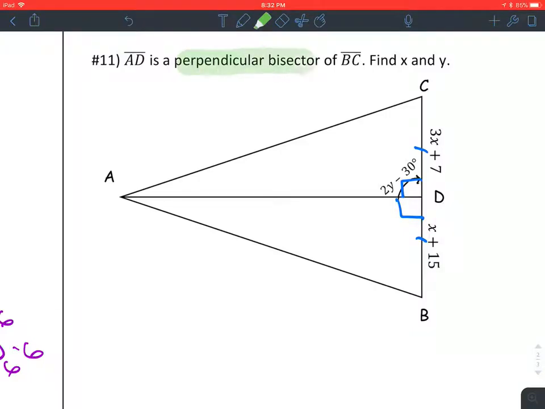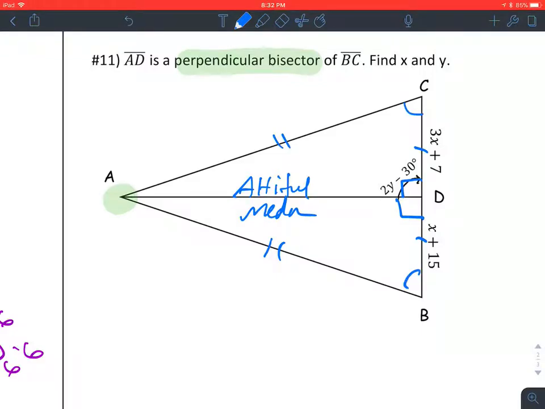This is a perpendicular bisector. Since that goes through a vertex, that makes this an altitude and a median. And when that happens, that means this has to be an isosceles triangle. An isosceles triangle theorem then says the base angles have to be congruent.